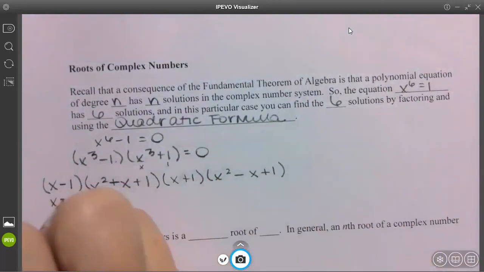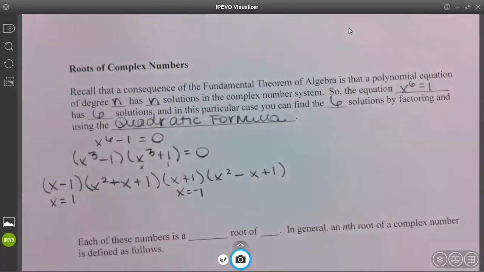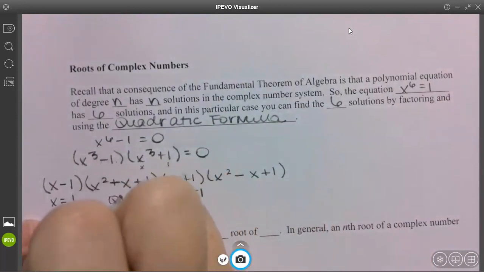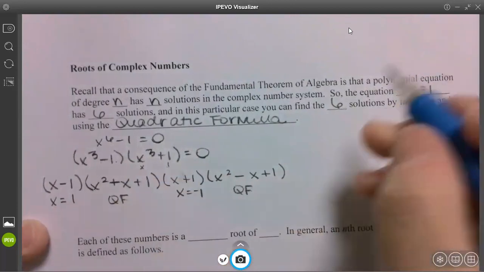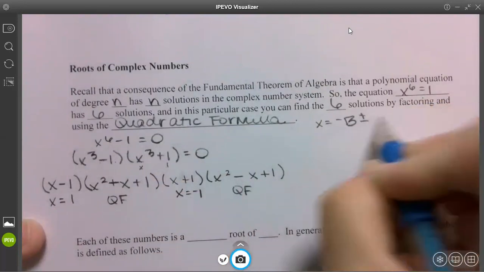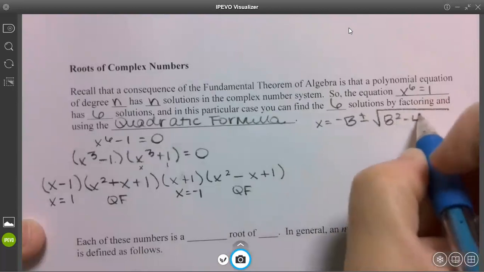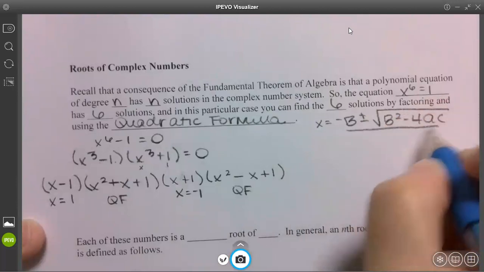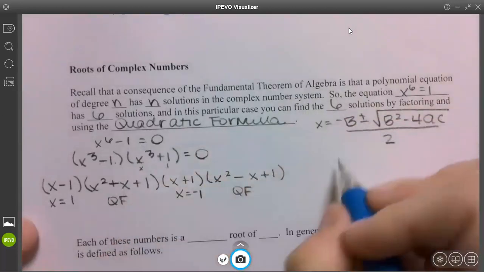We can solve these fairly easy. x equals 1 and x equals negative 1. But the other two, since they're not factorable, you have to use the quadratic formula for these. Remember, quadratic formula is x equals negative b plus or minus the square root of b squared minus 4ac, all over 2a. To save you time, I'm going to go ahead and tell you what your two answers are.